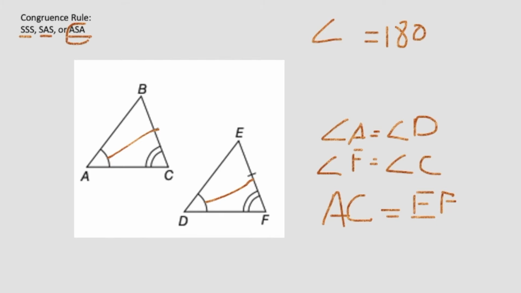So we would definitely have the rule angle, side, angle. What pair of sides would we need to know for this rule? Well, we know that we have this, and we know that we have this, but what we don't know is if these sides are equal at this point.